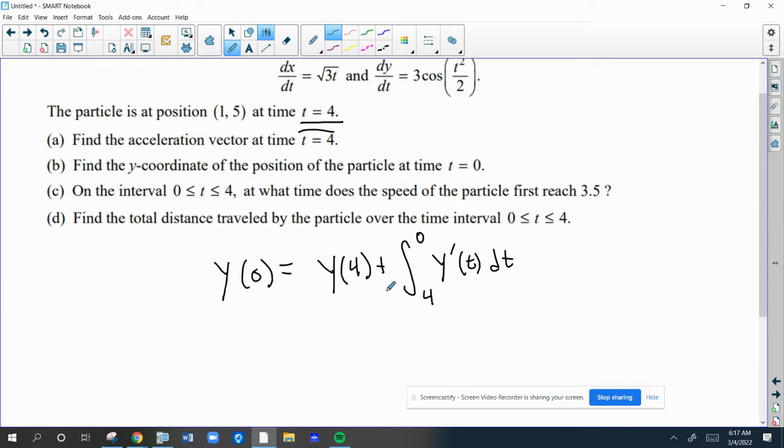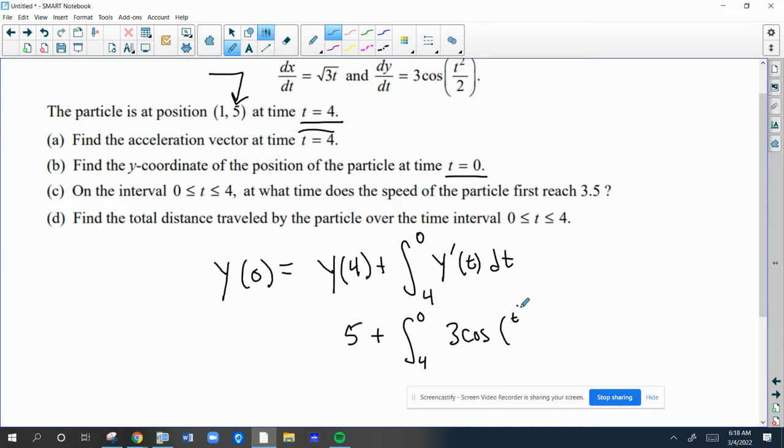So the initial position, which y of 4 is actually this. You're just looking at the y, 5, plus the net change from 4 to where we're trying to get to, which is 0, which is always the integral of the velocity. So we're looking at the velocity component, the y component.